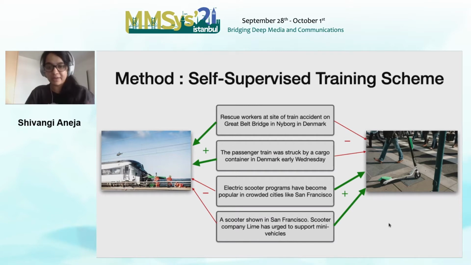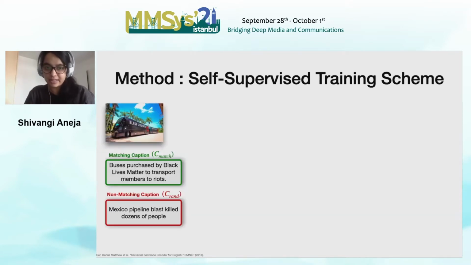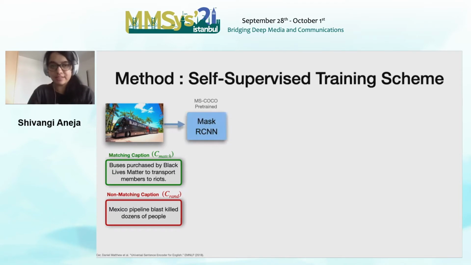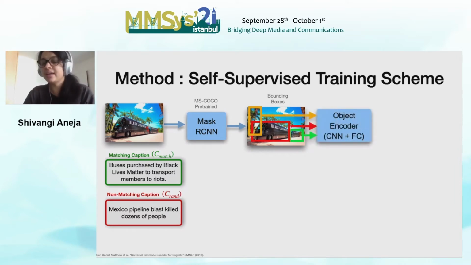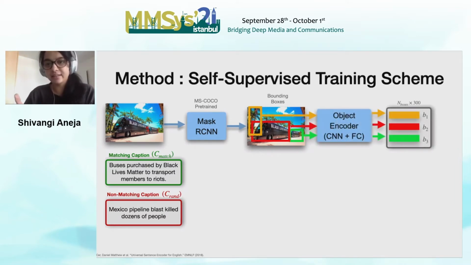So this is the main idea. The way we do it is we take the image, we take one associated caption, which is the matching caption, and one random caption from the dataset, which we call the non-matching caption. For this image, we first apply some object detection. For this, we use Mask R-CNN to detect the objects in the image, and then use a simple CNN to generate a fixed-size vector for each of these objects.